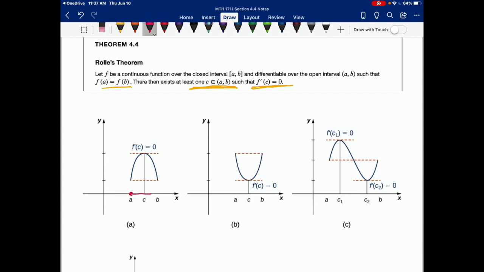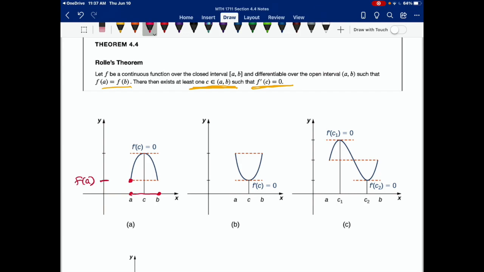If we look at the graph of A, we have an interval from A to B. So here's our interval from A to B. On that interval, it's continuous and differentiable, right? I don't have any asymptotes or holes or jumps or points or cusps or anything weird going on.